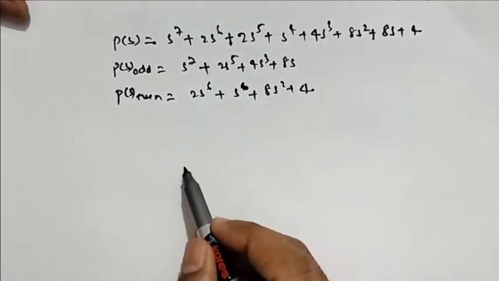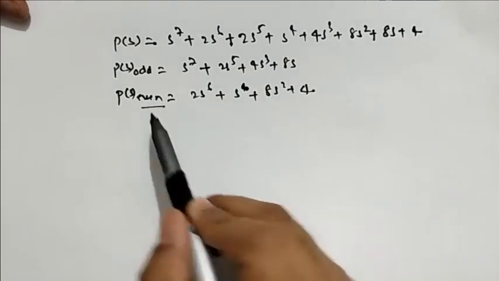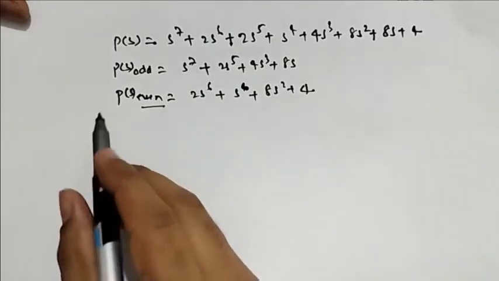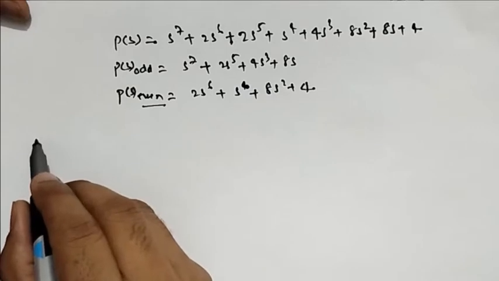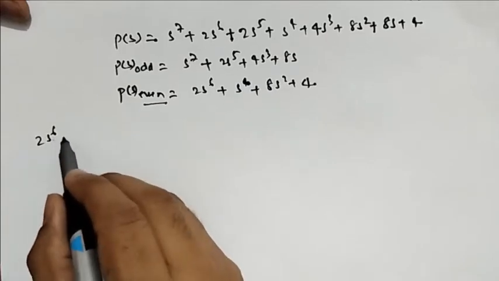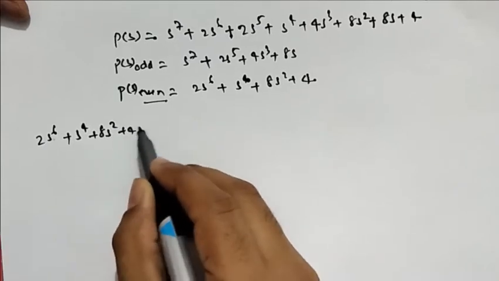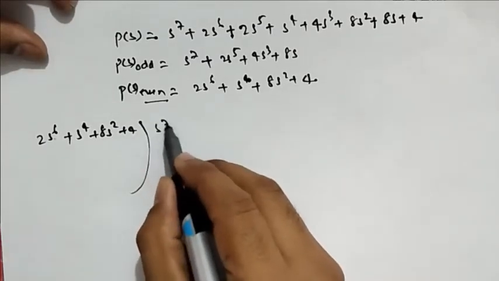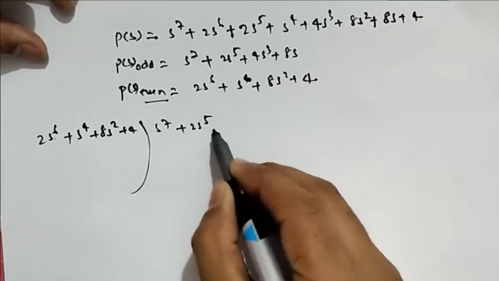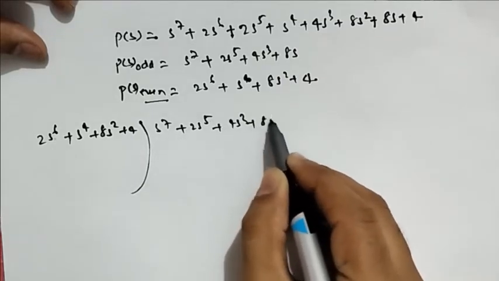Now I need to divide, which one is the lowest factor. Even term is, now we need to divide even by odd. Now if I do the division, 2s power 6, s^4, 8s square plus 4 with the s^7, 2s^5, 4s cube plus 8s.